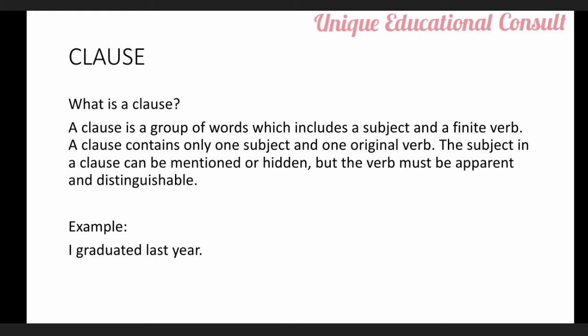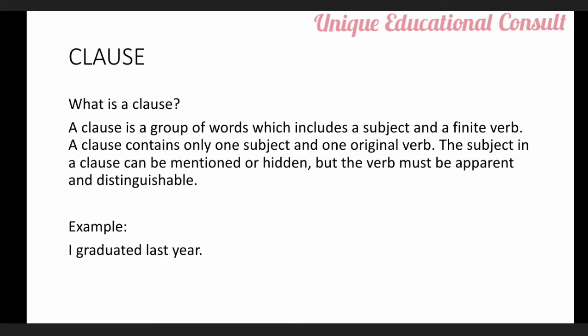And the subject in this case can be hidden or mentioned depending on the speaker or the writer. But the verb must be apparent and distinguishable. That is, the verb there must be seen. In no way can the verb be hidden because that is the backbone of any English sentence.